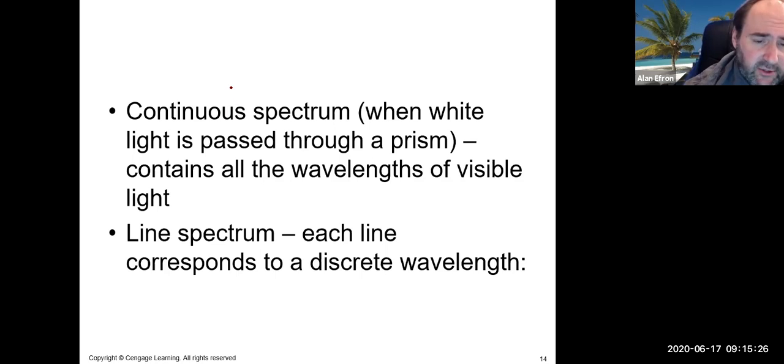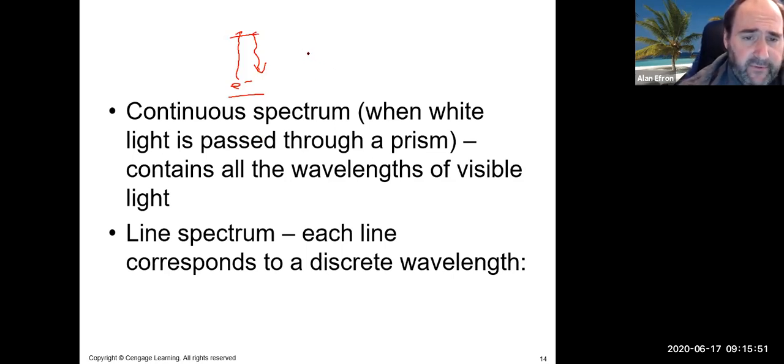As these electrons transition from one energy level up and down, and mainly down, they will typically give off a certain type of spectrum. There are two types of spectrums. One is a continuous spectrum, when we see light throughout all of the wavelengths coming out at once.